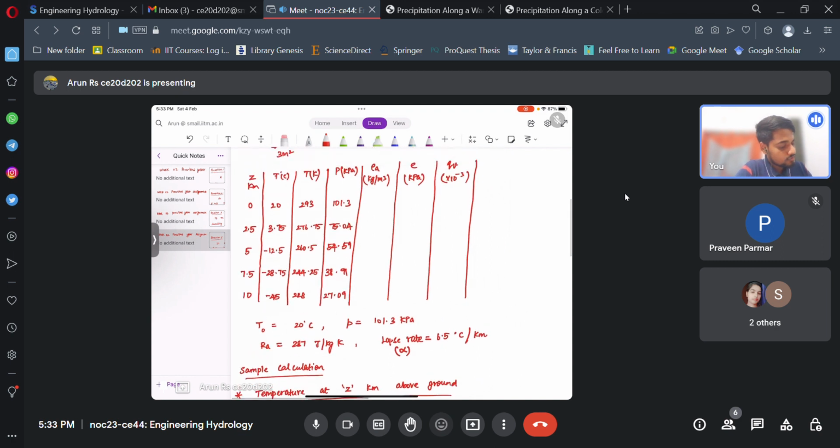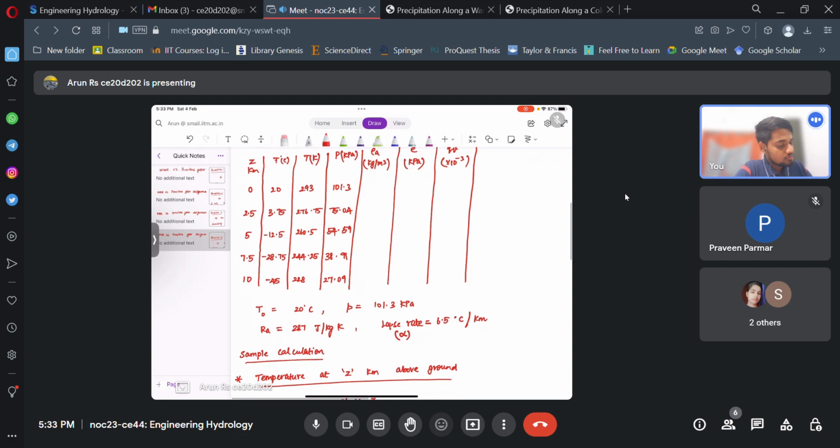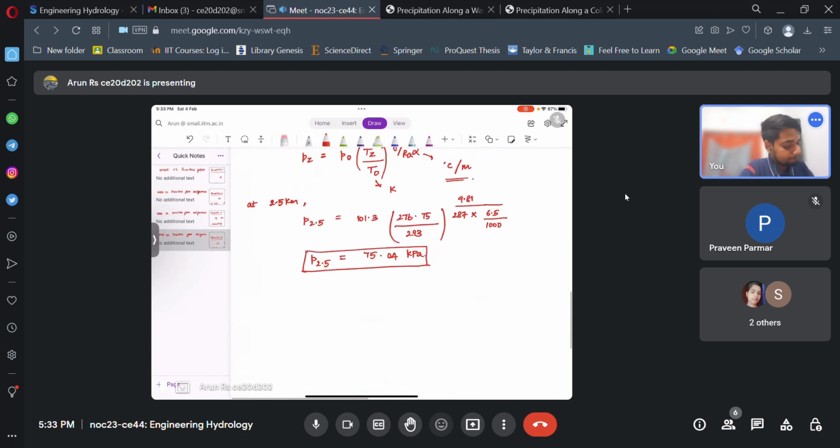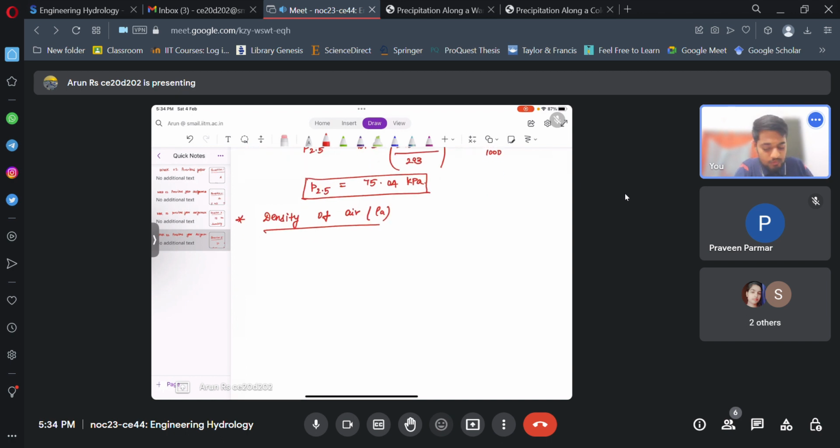So the next term we need to compute is the density of air. Density of air is given by the expression rho A is equal to pressure at the height Z which you are considering divided by your gas constant for air into temperature at that particular height, and this temperature is in Kelvin.